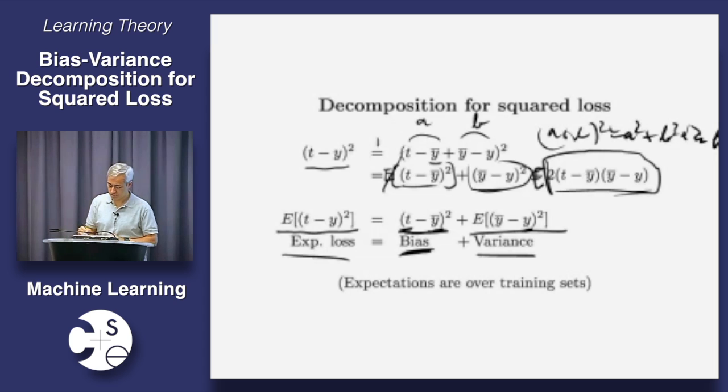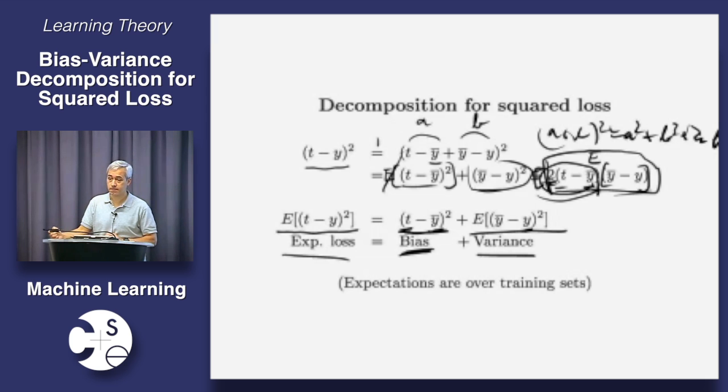So let's look at this and see what's constant and what's changing. 2 is certainly a constant, so I could put the e inside it. By linearity of expectation. t and y bar are also constants, we saw that before, so I can keep moving the expectation past it. So finally what I have is a constant times the expectation of y bar minus y.